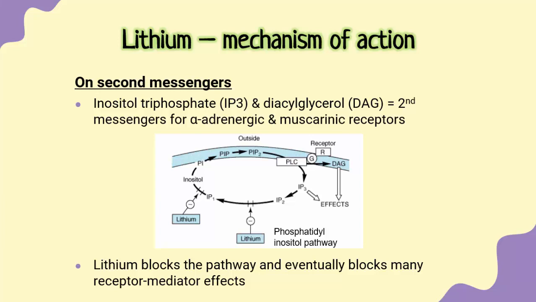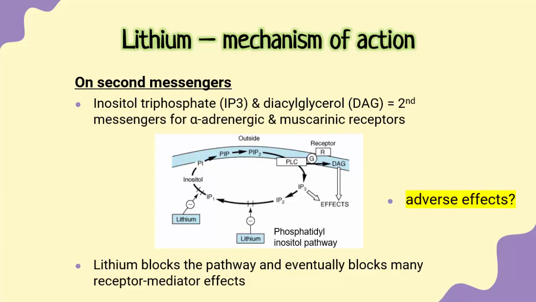Lithium tends to inhibit the formation of second messengers, especially IP3. So lithium will disrupt this pathway. So it can block many receptor mediated effects, and eventually it can stabilize the mood of the patient with mania.